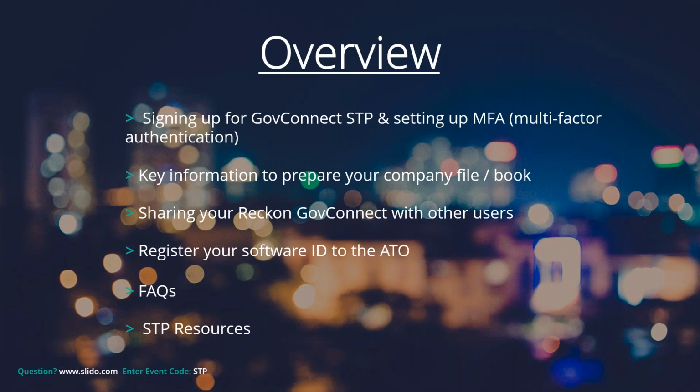I'll also show you how to share your Reckon GovConnect with other users, how to register your software ID to the ATO, and we'll go through some frequently asked questions, because we've held these sessions quite a few times in the last few months as well as last year. We've put together some frequently asked questions so that everyone's aware of what to do. Lastly, I'll go through some single touch payroll resources for your reference at the end of the webinar, so that you or your clients can refer to them if you need help with single touch payroll.